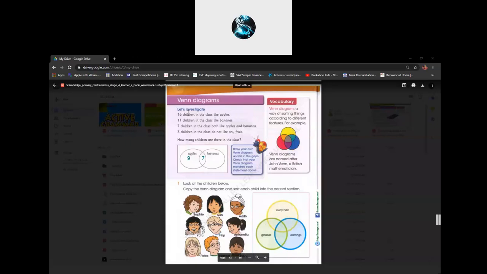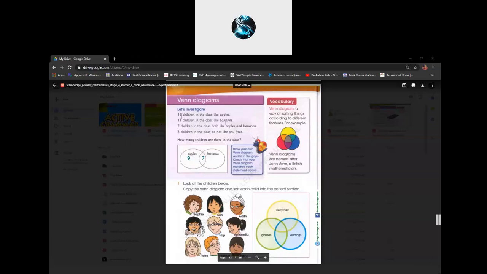So since it's counting them, you have to subtract that to know how many actual children there are. And same with the 11 children in the class that like bananas. 7 children like bananas too. So they counted those, and so you have to subtract those, and you get 4.